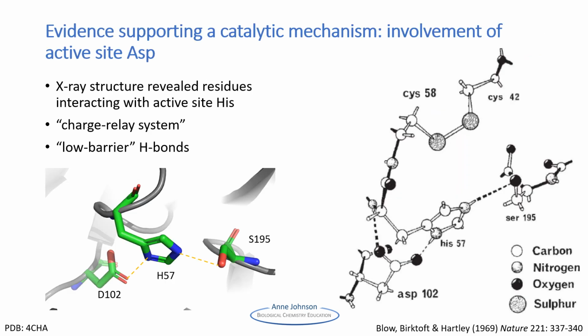In the late 1960s, chymotrypsin was crystallized and it became the first enzyme to have its structure determined by X-ray crystallography. The crystal structure showed the active site serine and histidine residues, as well as other residues that interacted with the active site histidine. Initially, the main residue that interacted with histidine was identified as asparagine. This was puzzling because it was not clear how an asparagine side chain would interact with the histidine side chain.